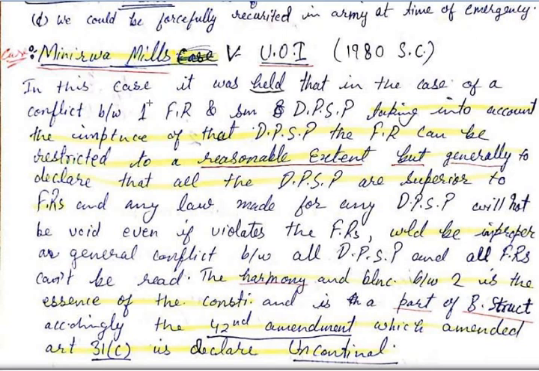In this case, it was held that in the case of a conflict between one fundamental right and some DPSP, taking into account the importance of that DPSP, the fundamental right can be restricted to a reasonable extent, but generally to declare that all the DPSP are superior to fundamental rights, and any law made for any DPSP will not be void even if it violates the fundamental right, would be improper.